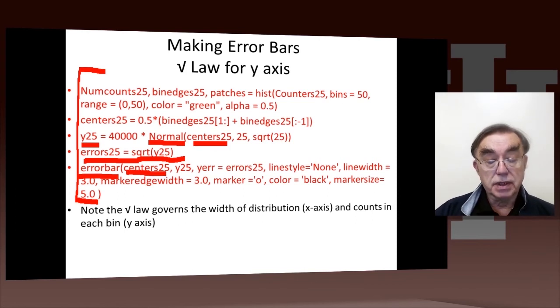The abscissa, which is the x-axis, is given by the centers of the bins. The y value is given by the normal distribution, and the error is just the square root of y25.